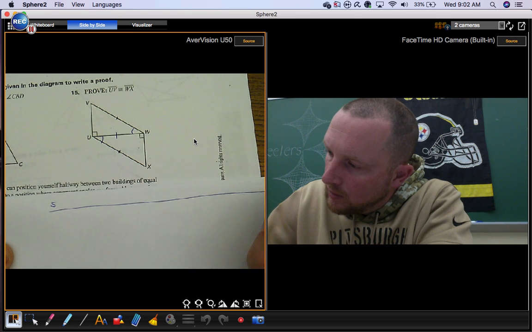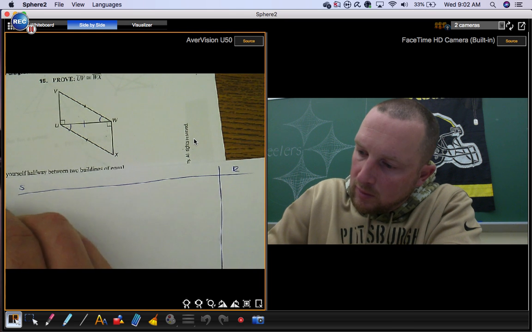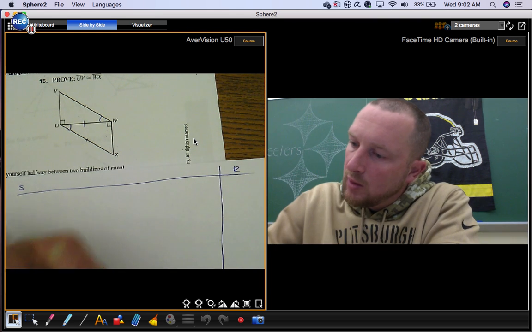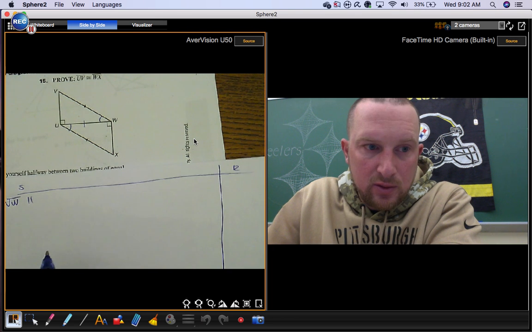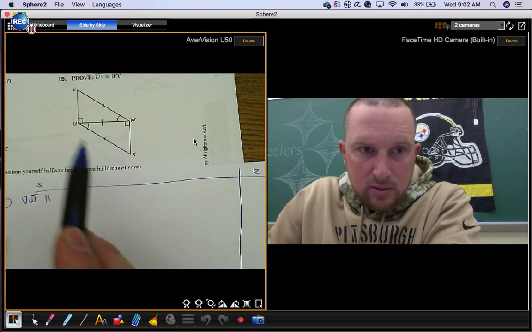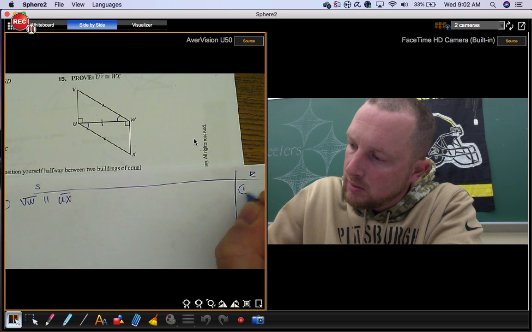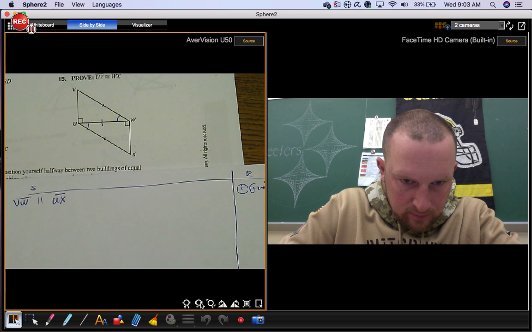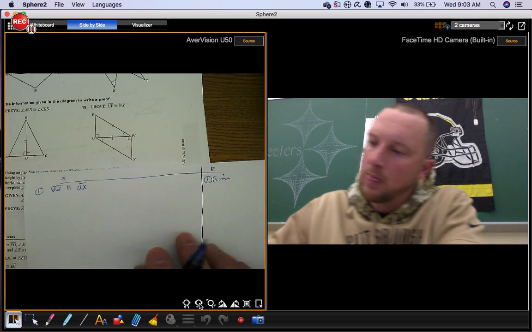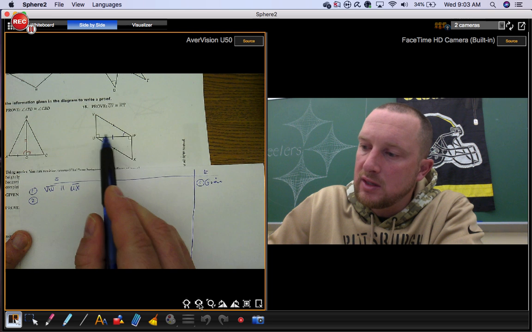Statements, reasons. What's given to us? Well, we're given that segment VW is parallel to segment UX. Also, they give you that these are right angles.